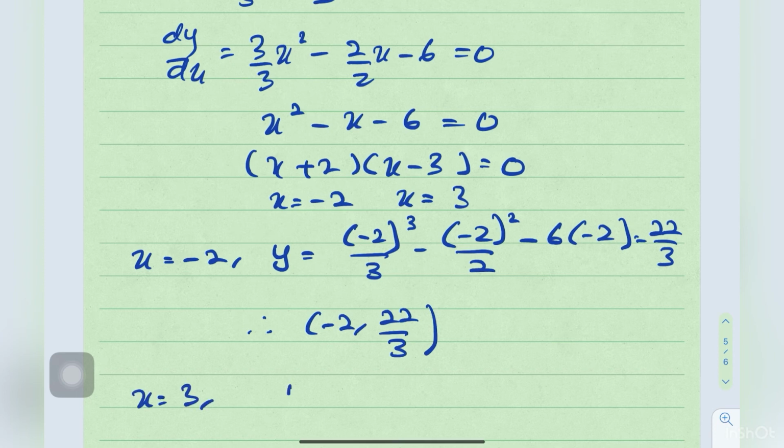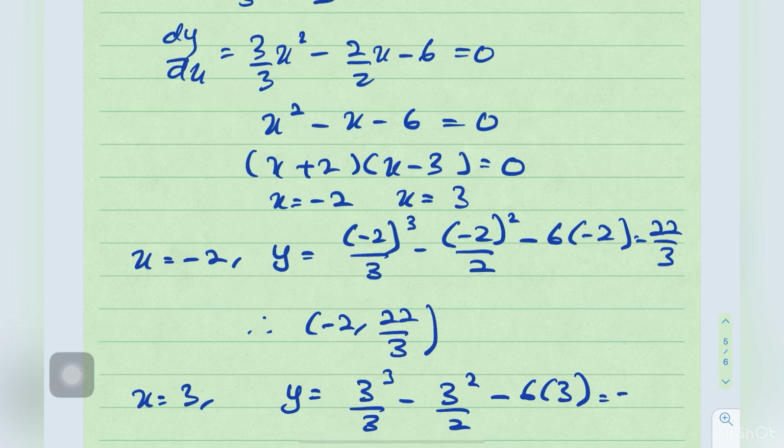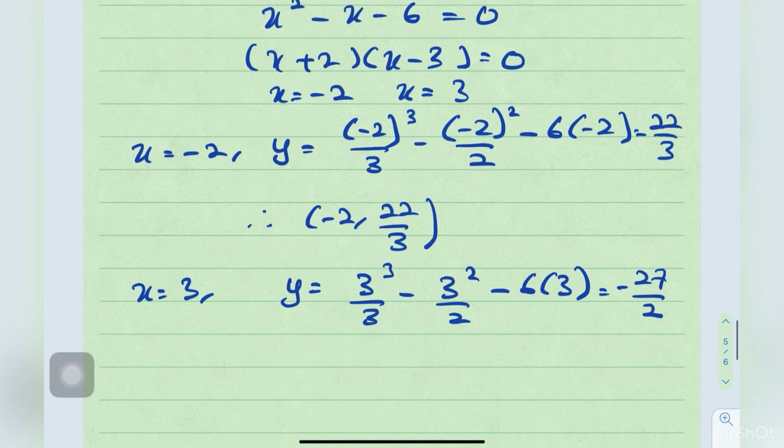Substituting into y: 3 cubed over 3 minus 3 squared over 2 minus 6 times 3, which equals negative 27/2. So the second coordinate is (3, negative 27/2).